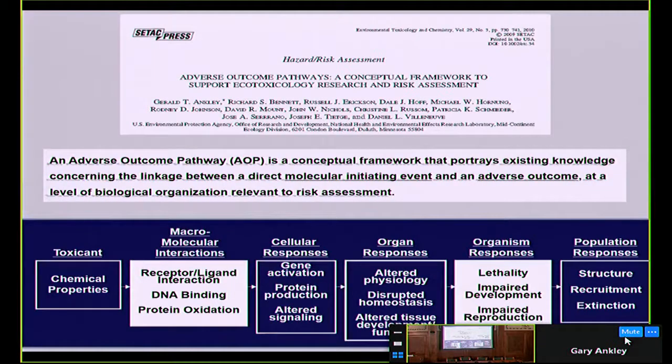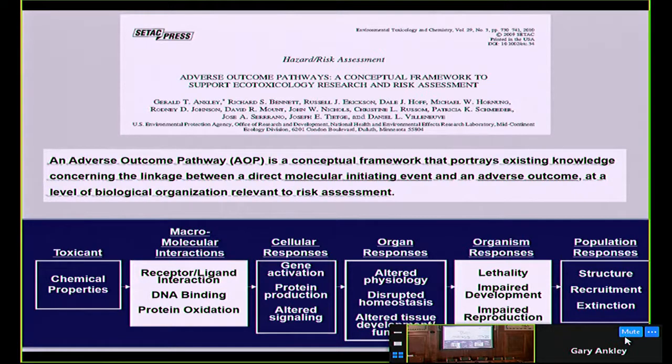It's this latter point that a group of scientists at the Duluth lab sought to address with a publication that came out a few years ago now, describing the adverse outcome pathway, or AOP framework. What this is, at its simplest, is basically a depiction of a molecular initiating event. That's the white box on your left.